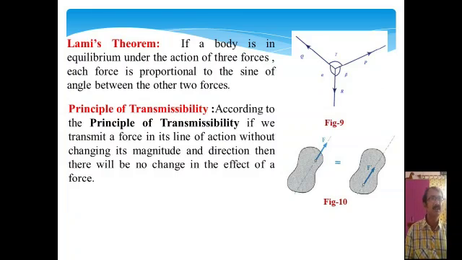In this diagram, figure 9, there are three forces P, Q and R. The angle between P and Q is gamma, between P and R is beta, and between Q and R is alpha. So you can write P by sine alpha equals Q by sine beta equals R by sine gamma.